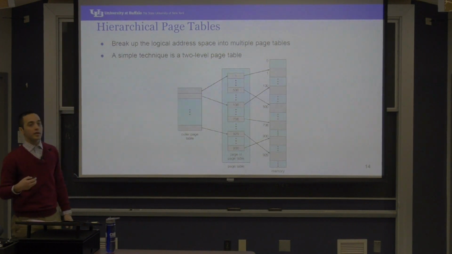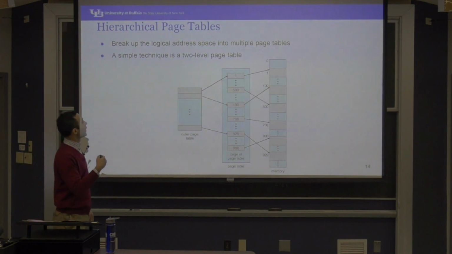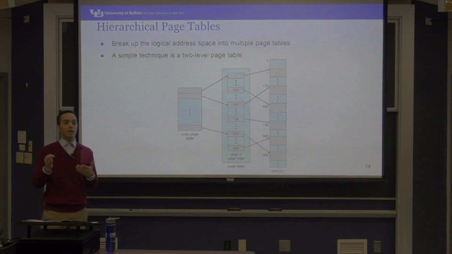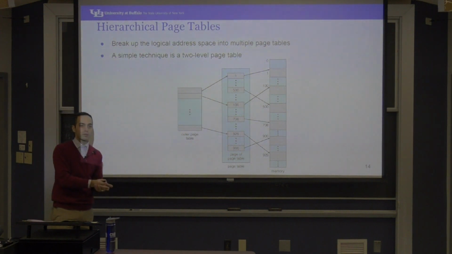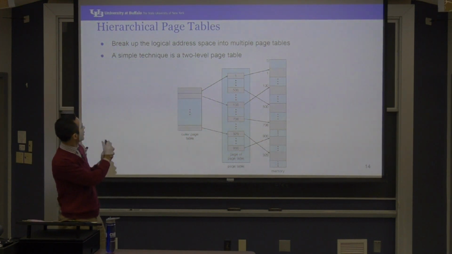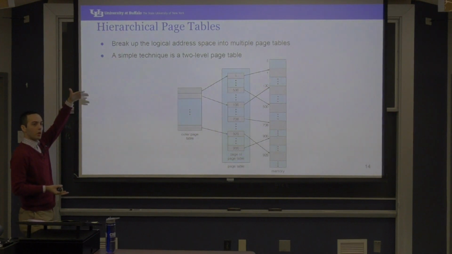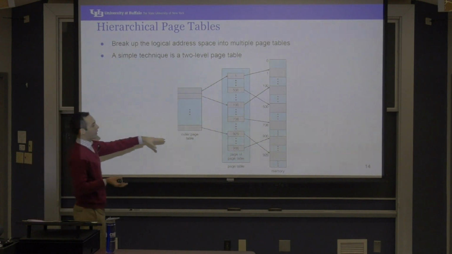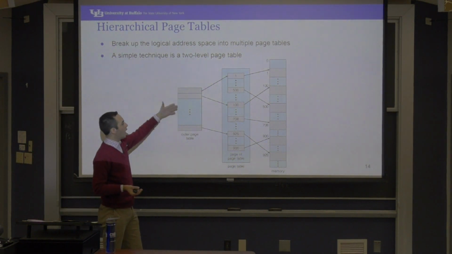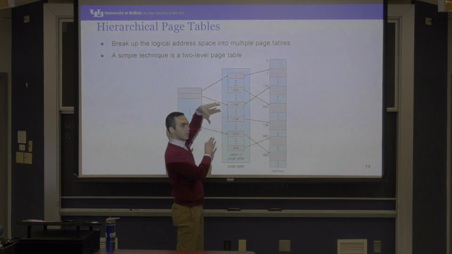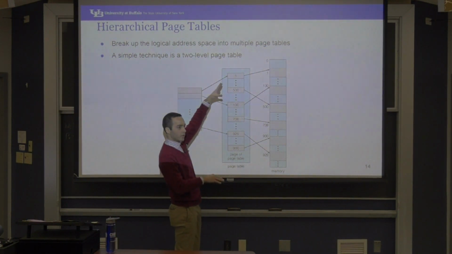So one way to do it is to make it hierarchical and, for example, split it into 2. The paging itself is also paged, right? Instead of one huge page table, you break it up and page it. You have an outer page table that tells you chunks of your page table are mapped, instead of contiguously, at different parts of memory.